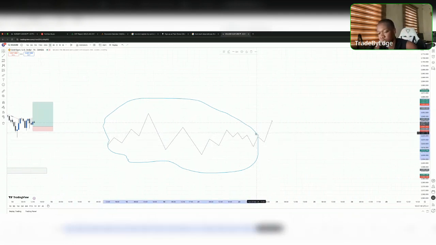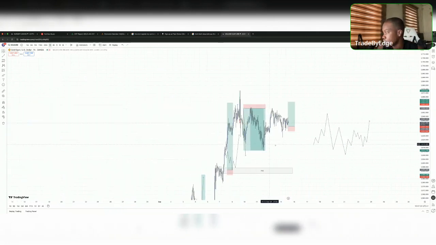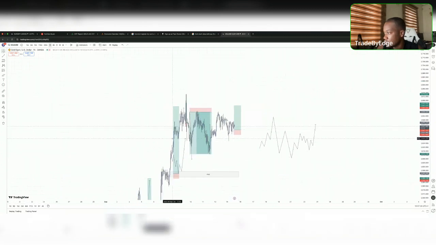So for me, let me explain even further on the chart. We had this, came down, this, came down, this, came down to sweep out liquidity here, which is this guy here. We went back up, which is this guy here. We came back down here, and went back up to this area.